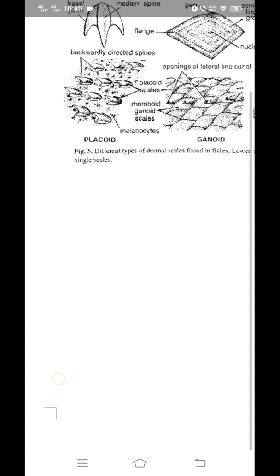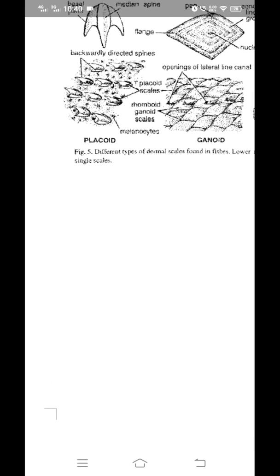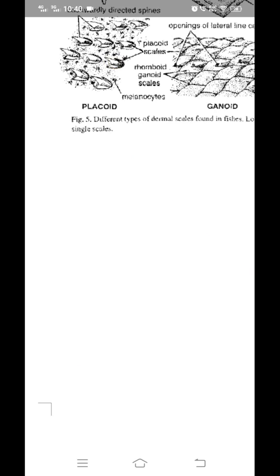A pulp cavity inside the spine opens through the basal plate. The placoid scales are closely set together in the skin, giving it a sandpaper-like quality.